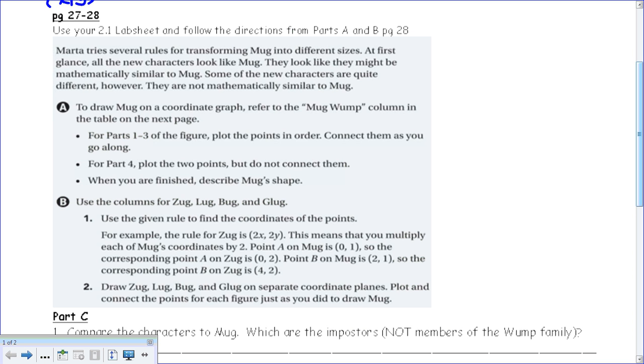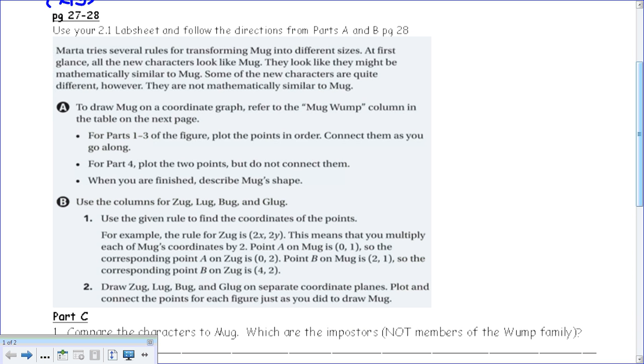So if you notice on your sheet that I attached, you've got coordinates for Mug, and you obviously have 4 parts to them. And then you look at the other columns and you've got Zug, Lug, Bug, and Glug. A lot of thought went into these names.